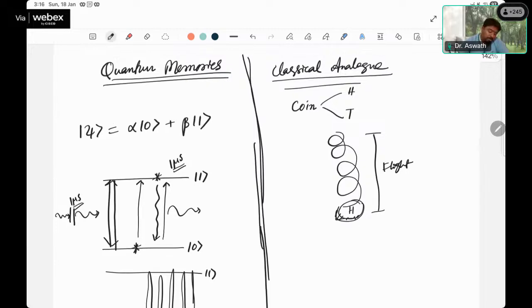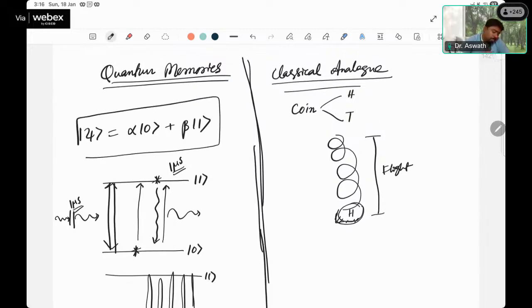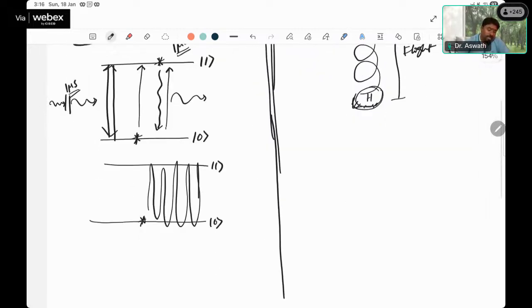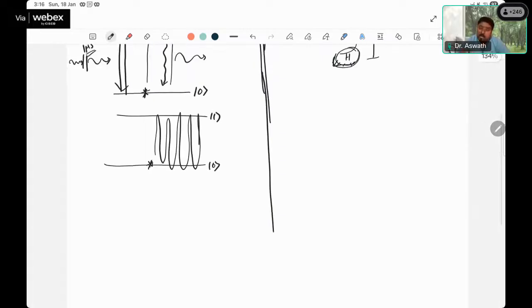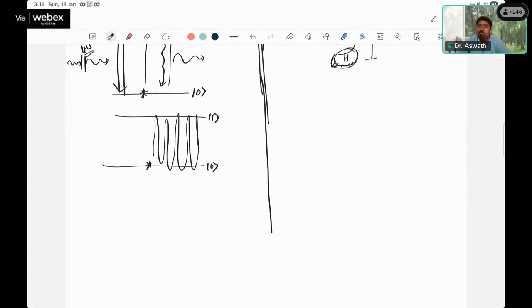Now how do I write the superposition? When I make a measurement on a quantum state which is in superposition, sometimes I find it in 0, sometimes in 1. What is this sometimes? It means I perform the experiment 100 times, or I take 100 identical superposition states and make observations on all of them.